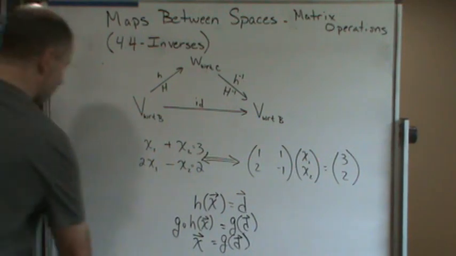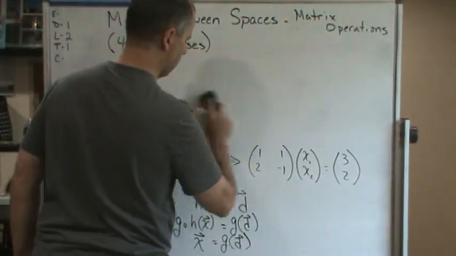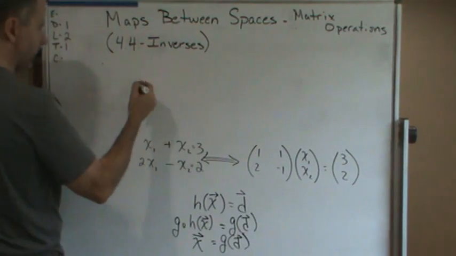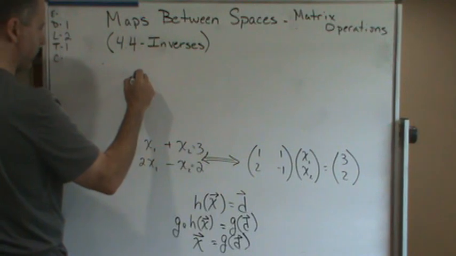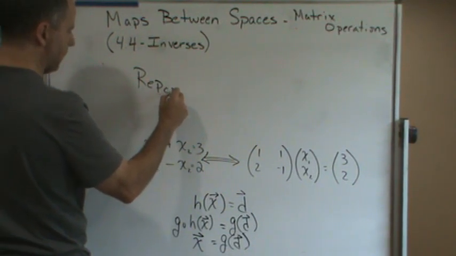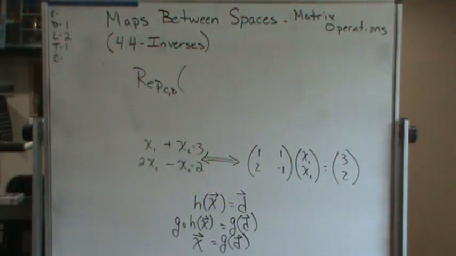So let's do this. Let's write it this way. We want to multiply the inverse matrix by the representative with respect to the bases C and D of, and what are we using?